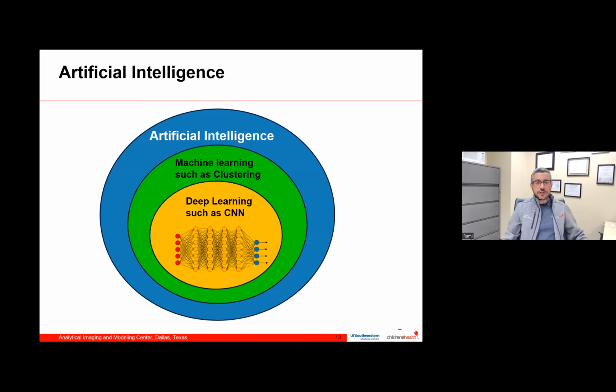So artificial intelligence is a very broad concept. And underneath it, you can see there are 2 concepts. There is machine learning, which you can think of as clustering, as an example. But there's also deep learning. And deep learning is something like a convolutional neural network, like CNN.